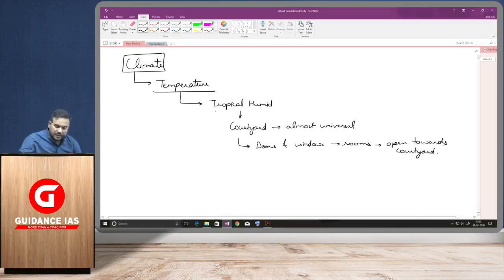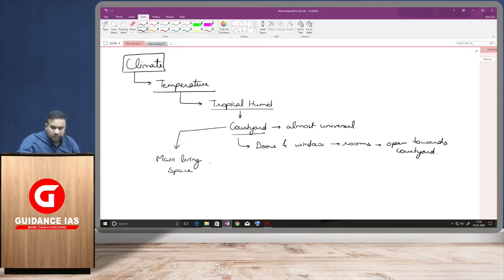Because of this characteristic, tropical humid characteristic of India, what we find, actually the courtyard is the main living space. It is the main living space. So majority of the time the inhabitants of the house are sitting where? In the courtyard, not inside the rooms. Because generally the rooms would tend to become hot.